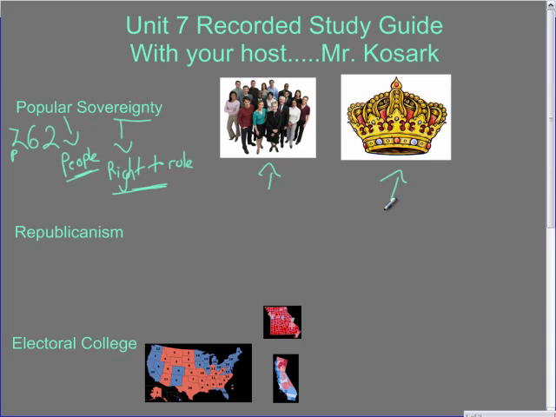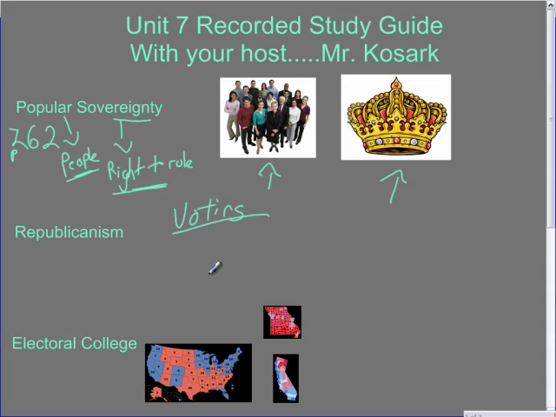They make decisions. And how do the people of the United States make decisions? Well, using popular sovereignty, the people rule. They have to make decisions, and in our country they vote, and that's how they make decisions. So by voting, they are ruling over the country.